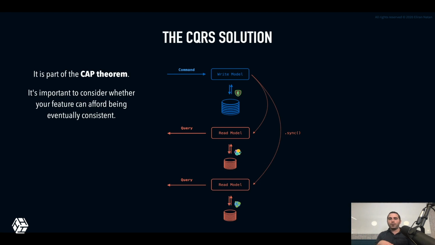So you shouldn't use CQRS to implement all your platform. It's perfectly fine to select features that can be implemented with CQRS and other features that should have strong consistency models. And I would say that it's kind of suspicious if you decide to use CQRS for the entire app.